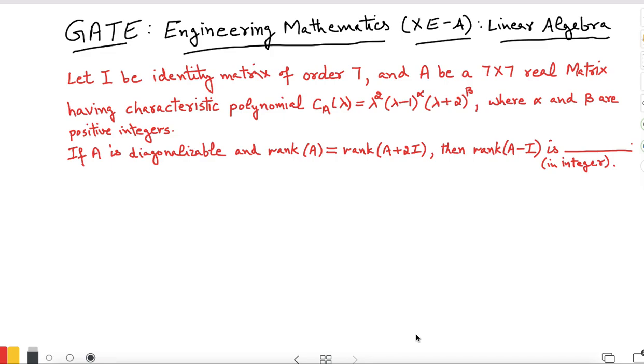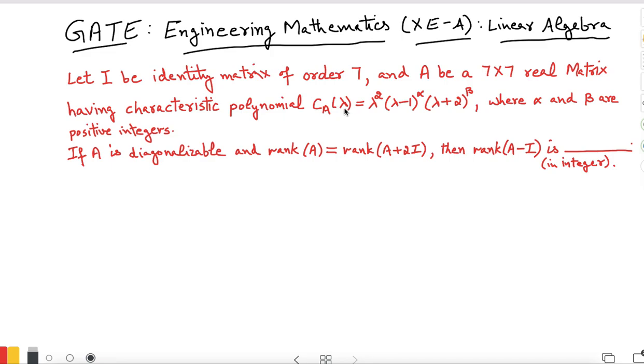Take a question from linear algebra. The question says that let I be the identity matrix of order 7 and A be a 7 by 7 real matrix having a characteristic polynomial.